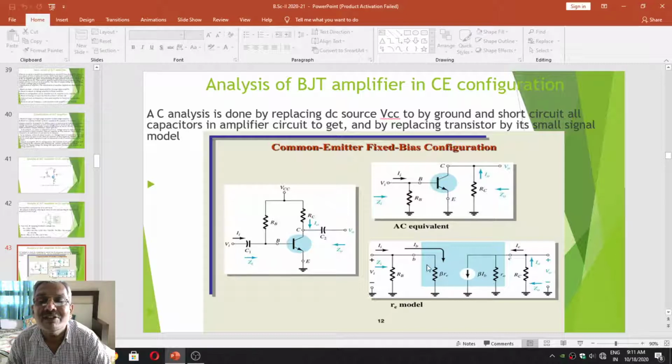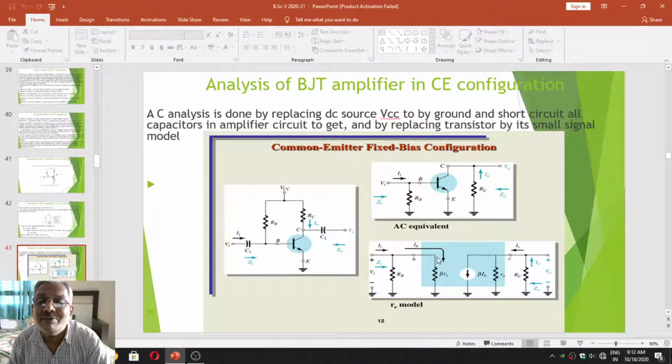We are not connecting the voltage source because that is the method of analyzing the respective circuits. Beta RE is the voltage source, beta IB is the current source, RB is the resistance as it is being used, RC is the resistance which we already have considered, RO is the output resistance connected in parallel to that of RC. So by replacing this BJT by its equivalent circuit formed by beta into RE and beta IB, remember, beta IB is the current source, beta RE is the voltage source.